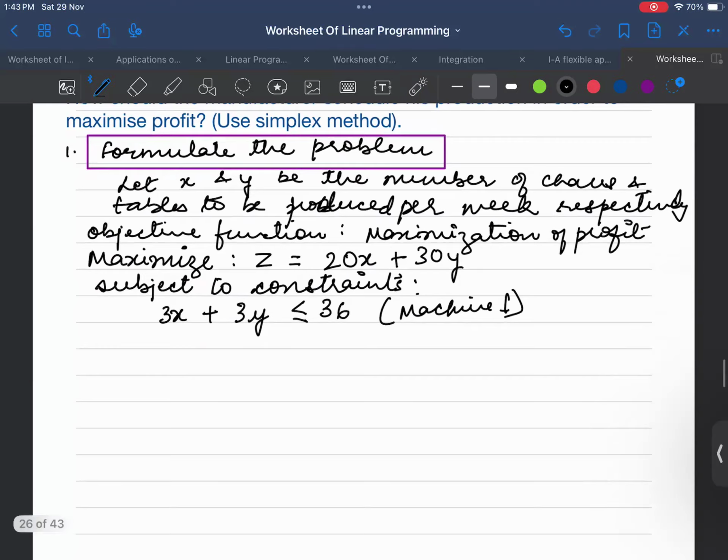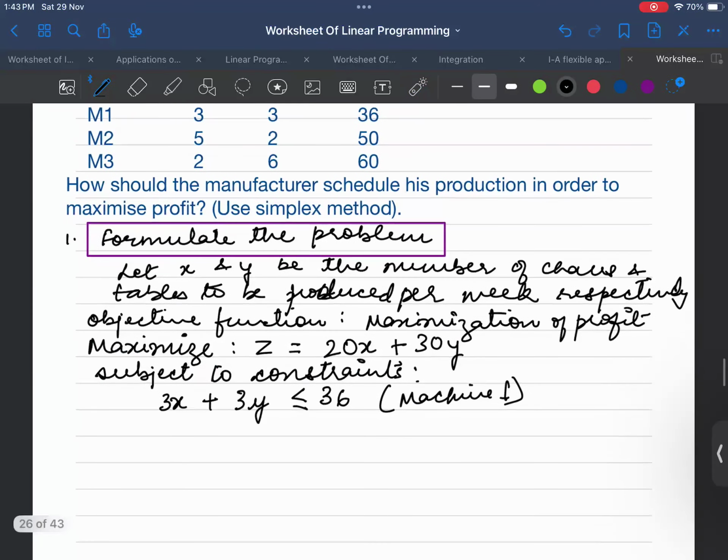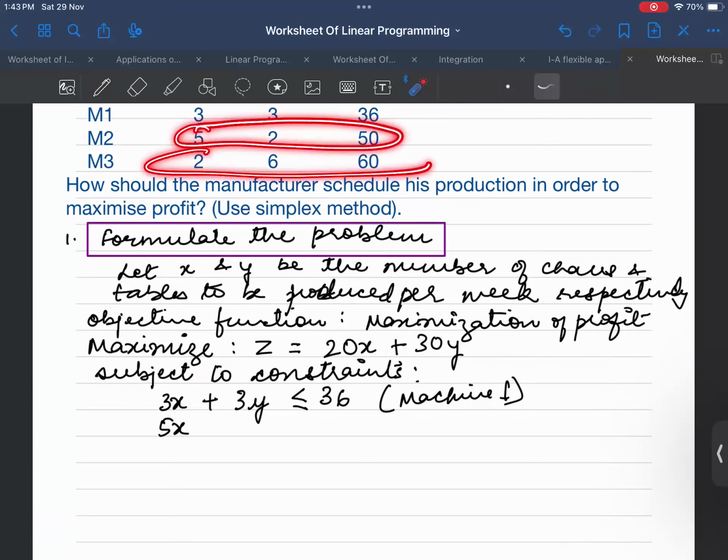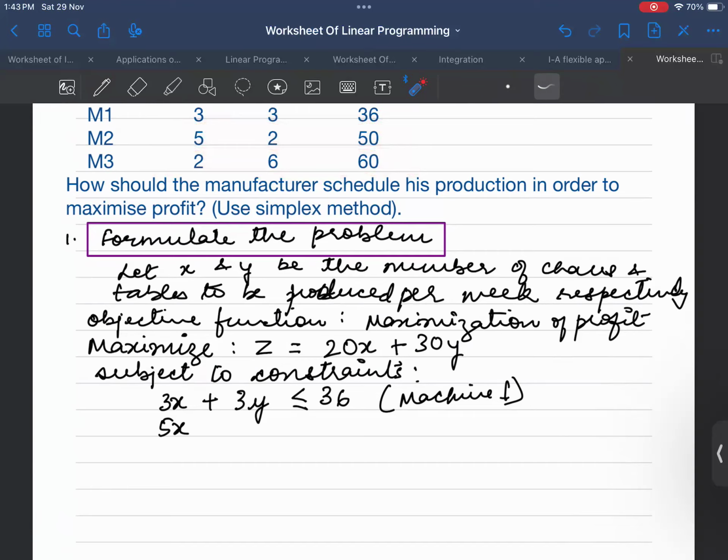In the same way, the second constraint would be 5x plus 2y, which is less than or equal to 50, because the available time is 50 hours per week. You can see I'm talking about the second constraint. For the third constraint, I will go for M3. It is 2x plus 6y, which is less than or equal to 60, the available time over here.